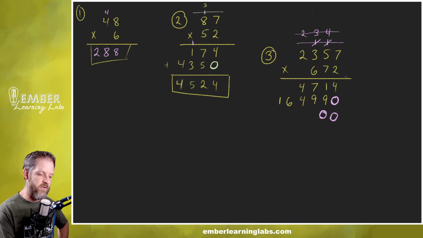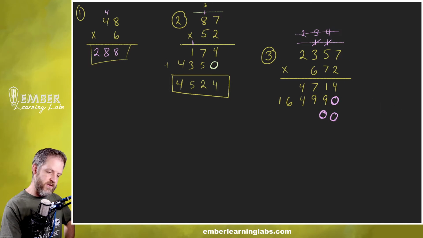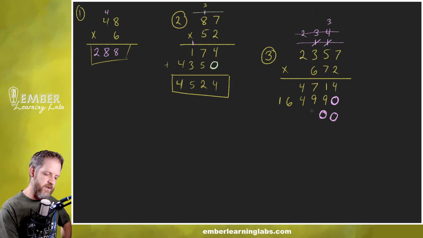Adding 2 zeros. So now we're at the 6. So 6 times 7 is 36. So we're going to put our 3 up here, and then we're going to put our 6 down here. 6 times 5 is 35. No, it's not. 6 times 5 is 30, plus 3 is 33. 30 and 3.